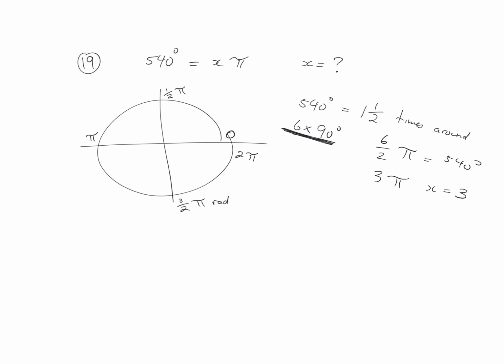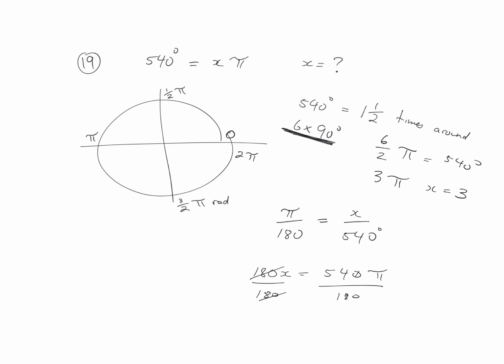The other way to do it is to remember that pi is 180 degrees, and that ratio is x over 540 degrees. And so we can do cross multiplication. 180x equals 540 pi, over 180 over 180.